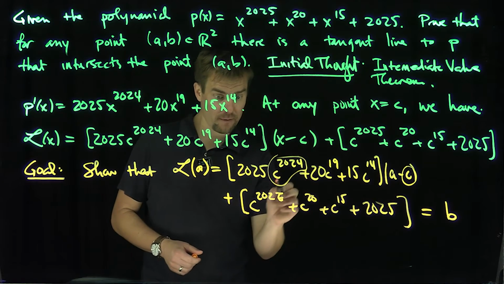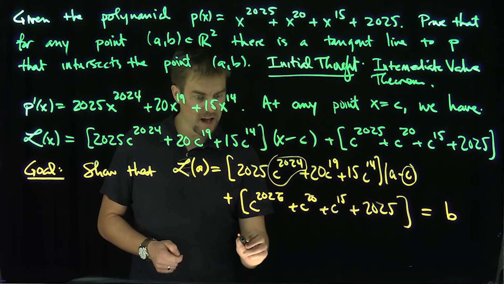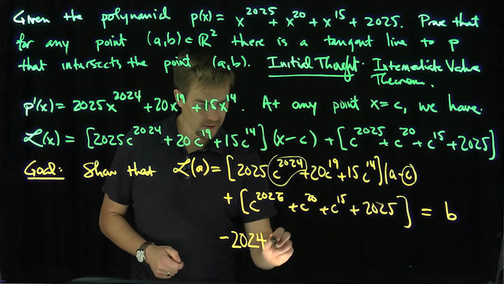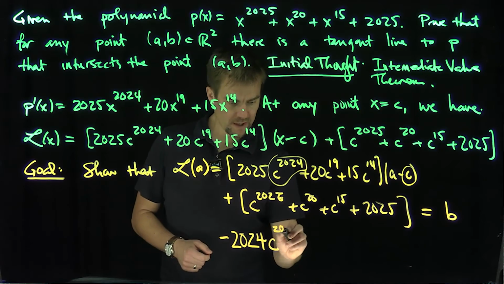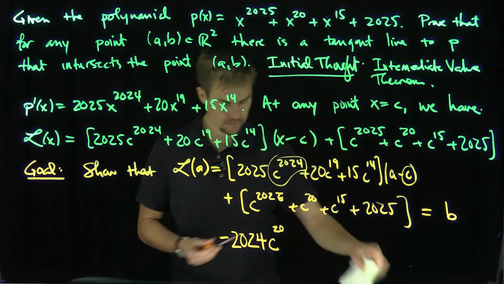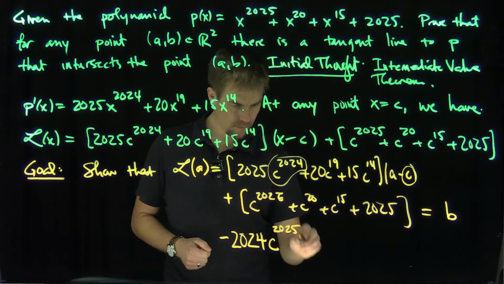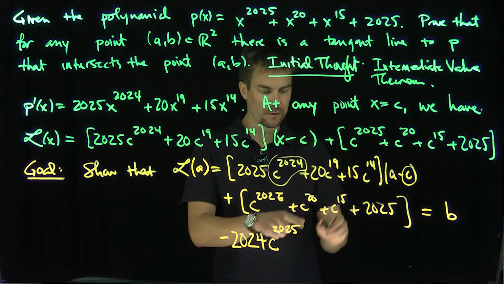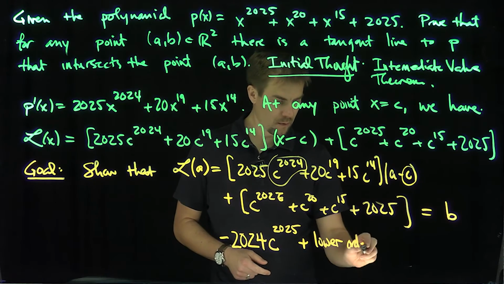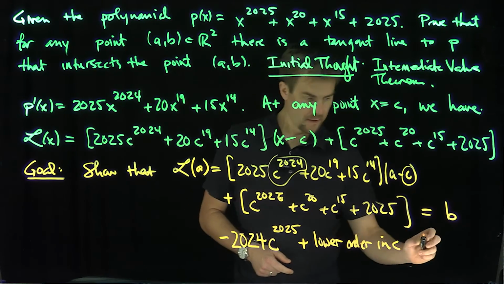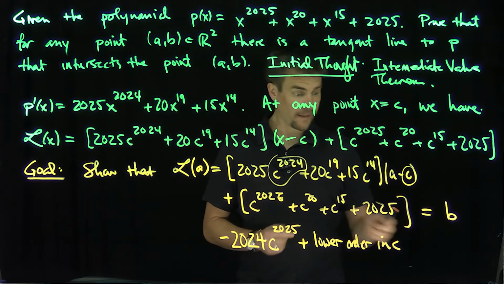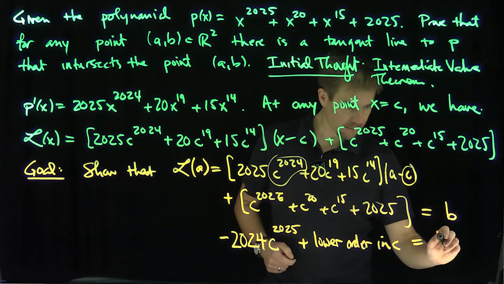So that's negative 2024 C to the 2025, plus the lower order terms in C, because every other term is of lower order in C. I'd like this to be equal to B.